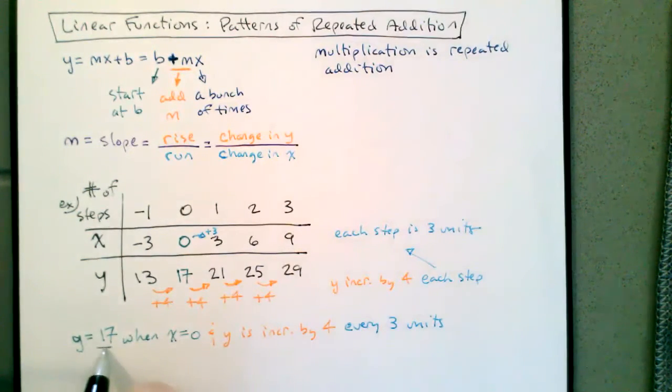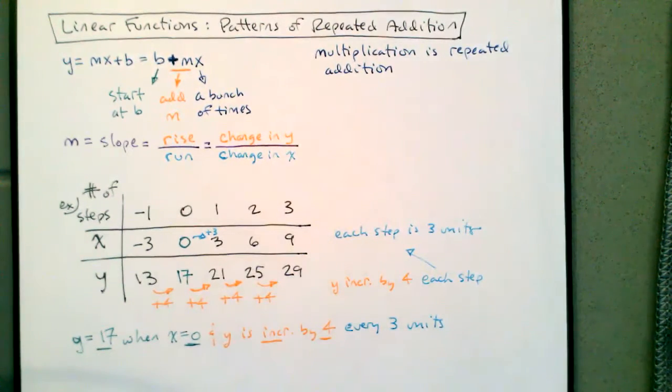Where y starts, how y is changing, and how often we make that change. And these are we're just quantifying what we mean when we say it's increasing by 4 every step. So each step of the way. The adjustment that we're making now is that each step is 3 units. So the step size is 3 units.